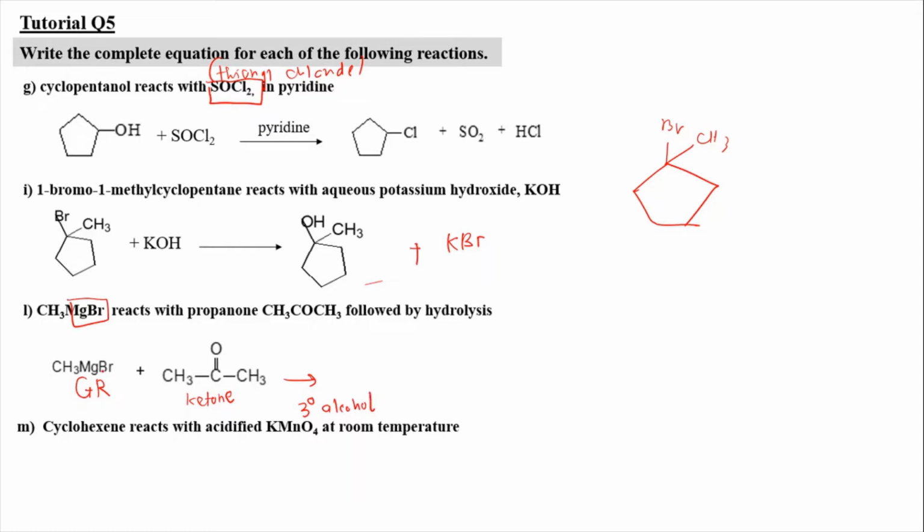So the CH3 is going to attach here, and the carbon double bond oxygen is going to become OH, a single bond and OH here. So you're going to produce a tertiary alcohol, where the carbon bearing the OH is attached with 3 alkyl groups.